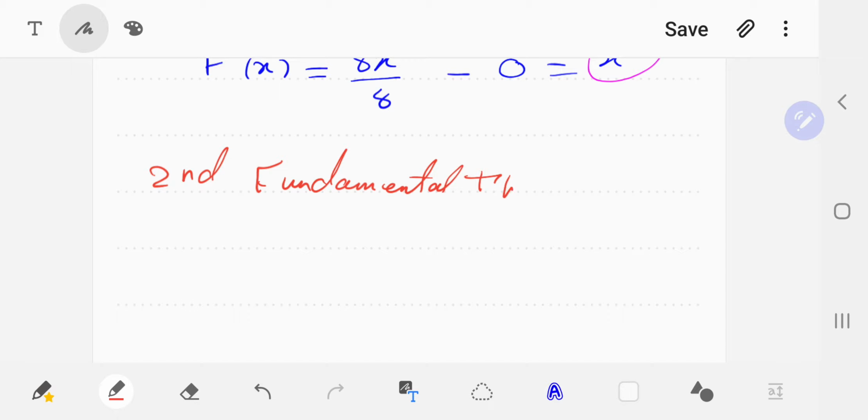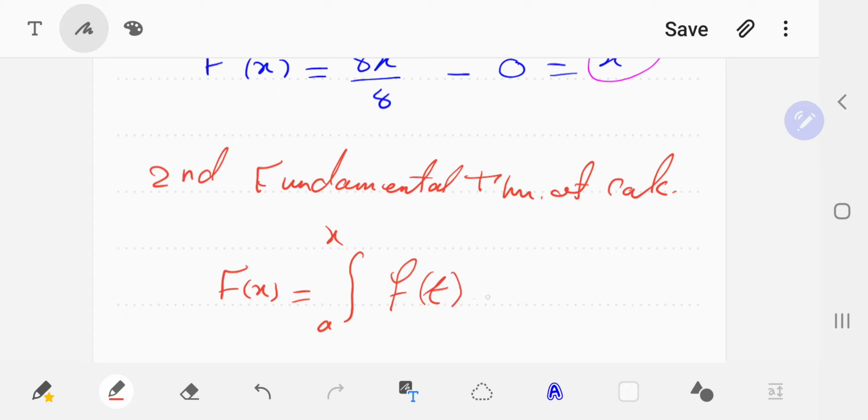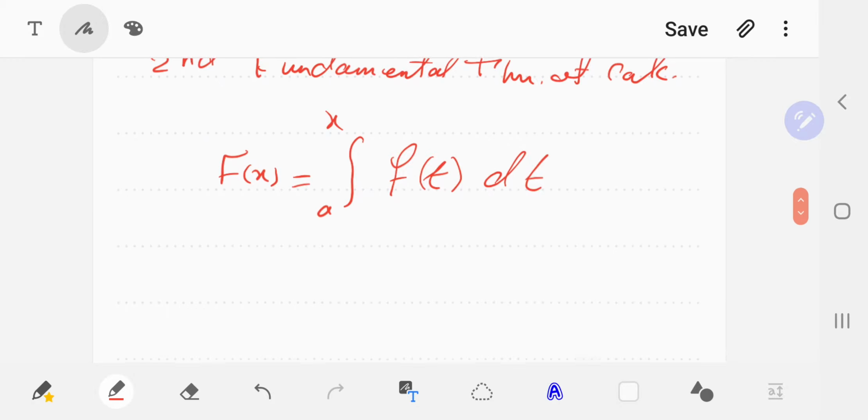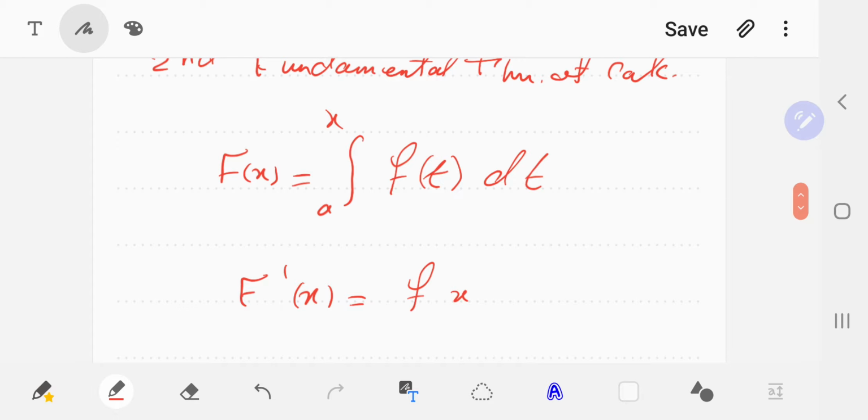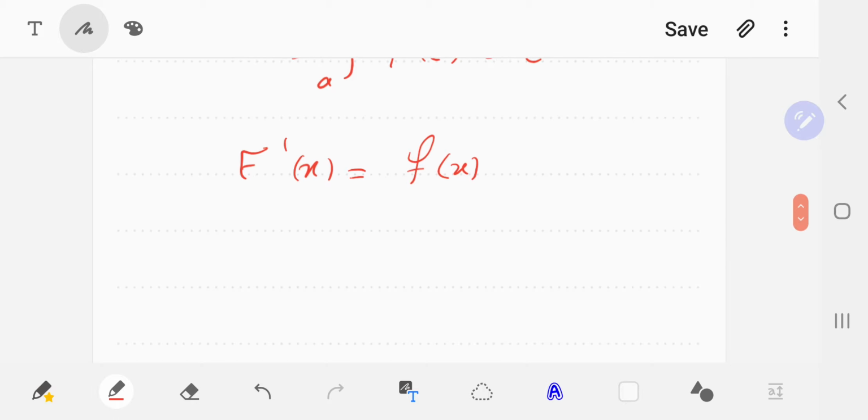It says if F of x is equal to the integration from a to x of f of t dt, then immediately F prime of x, the derivative of this integration, will be equal to f of x. So you just substitute x inside. That's actually the second fundamental theorem of calculus.